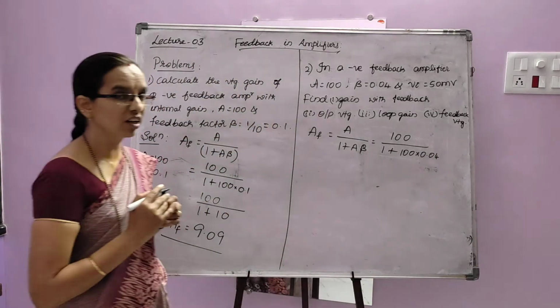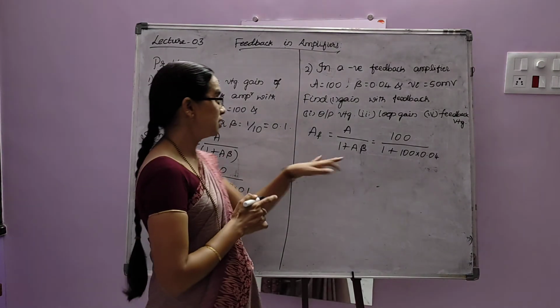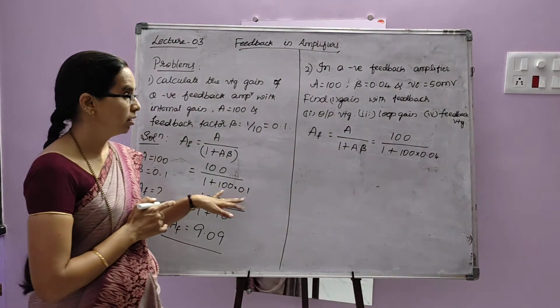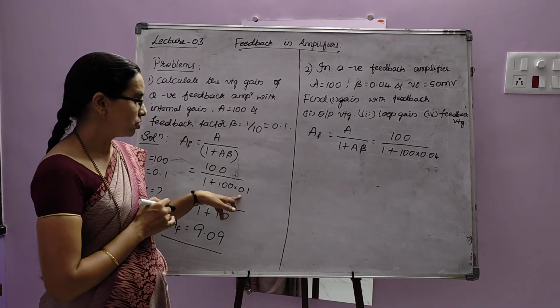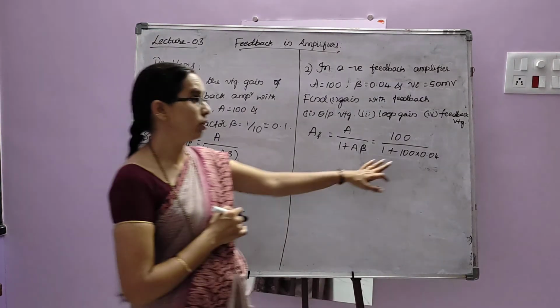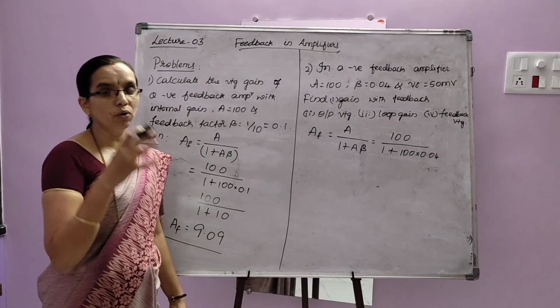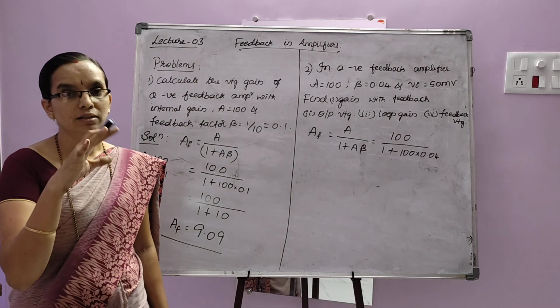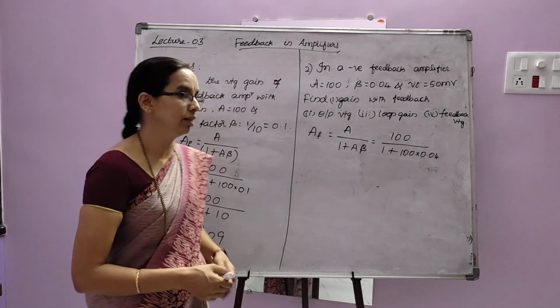Here feedback factor is very much less compared to the first problem. Feedback fraction was here 0.1, here 0.04. So how much output voltage is going to be injected into the input, that is decided by feedback factor.